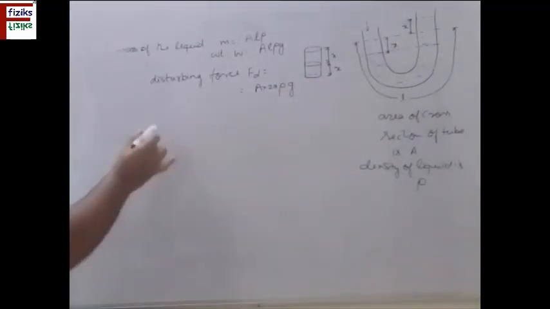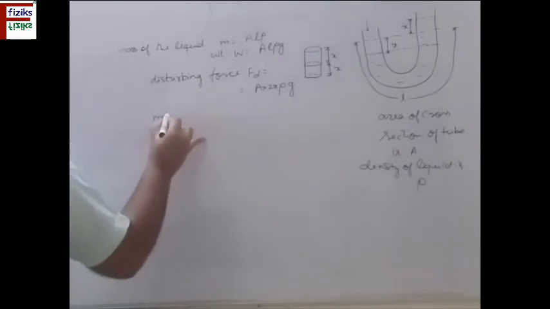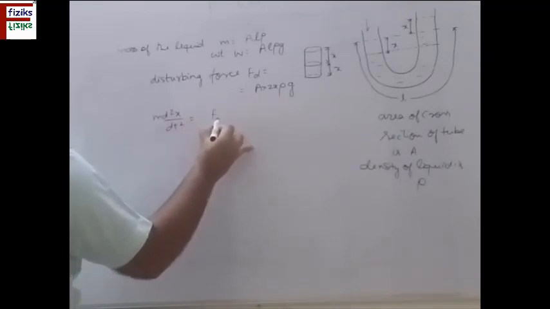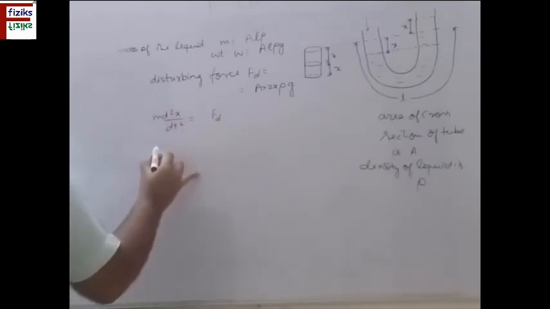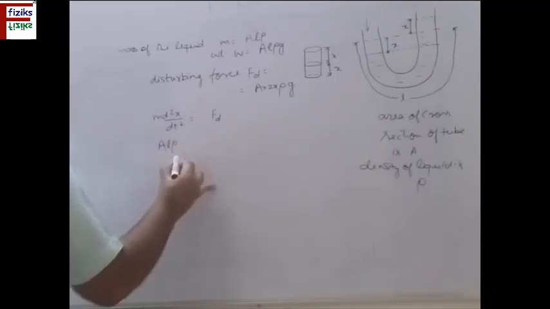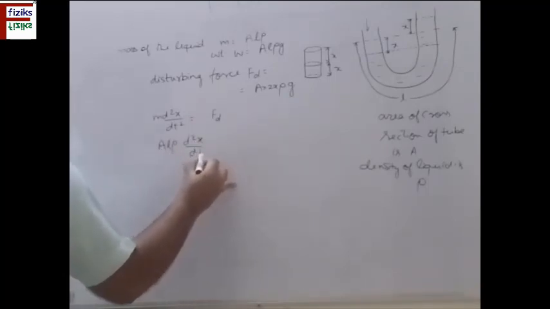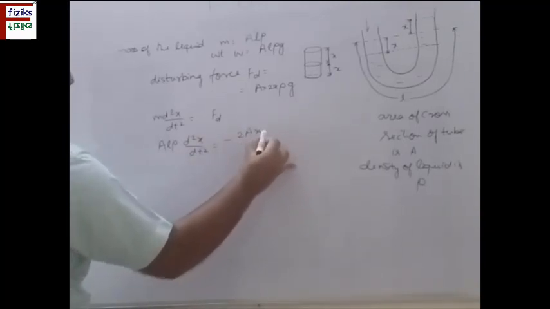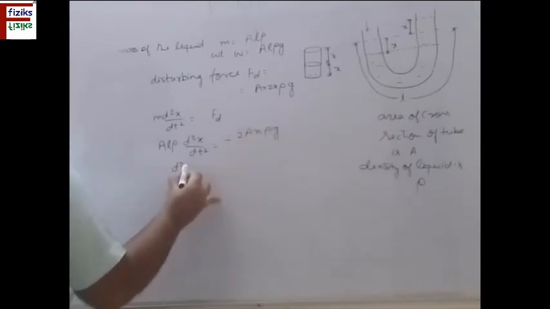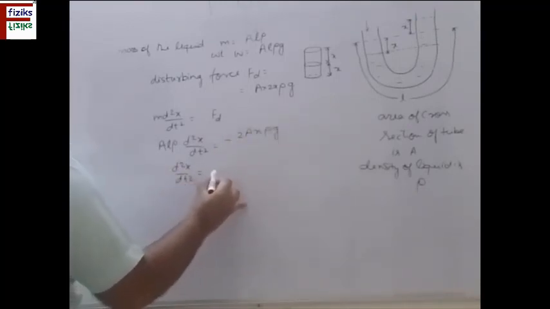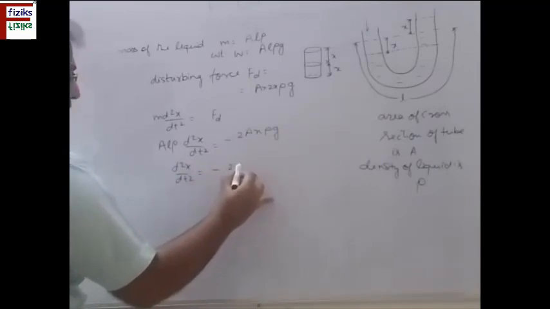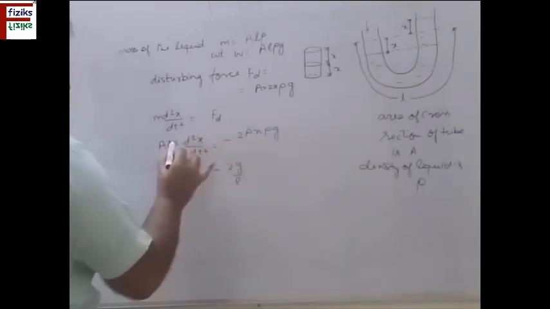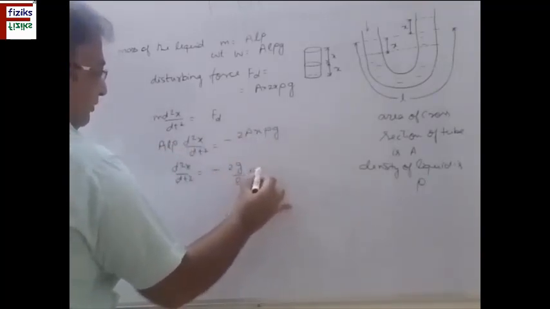Now writing the equation of motion, m d2x by dt square equal to the disturbing force. So I can write that A L rho d2x by dt square equal to minus 2A x rho g, or d2x by dt square equal to minus 2g divided by L, A into rho cancel out, multiplied by x.